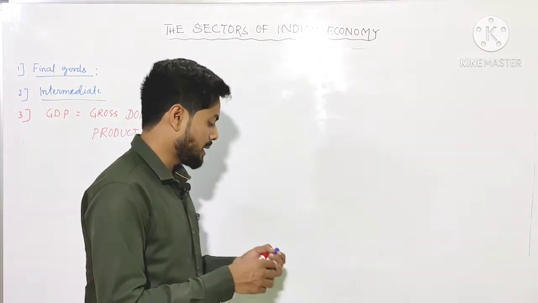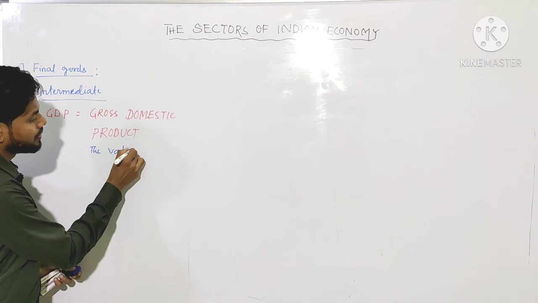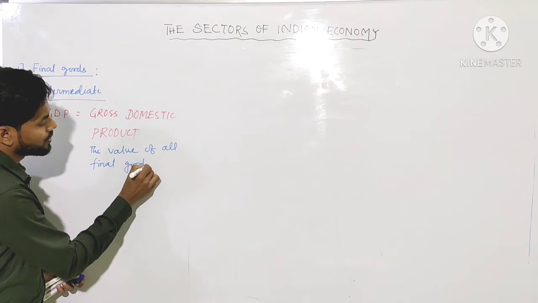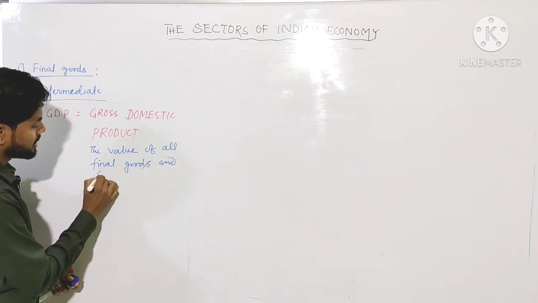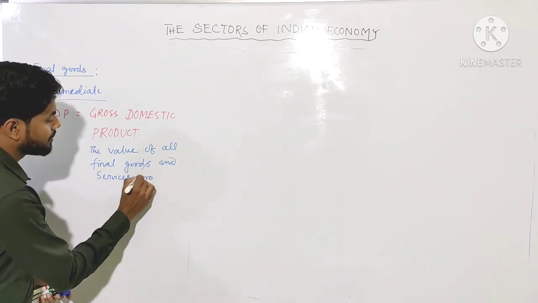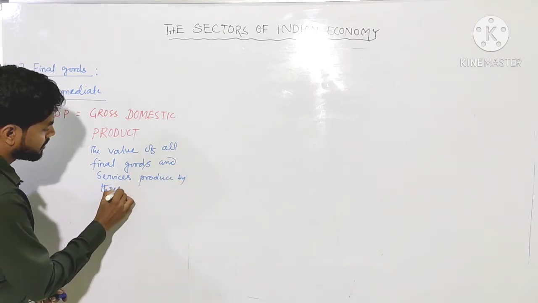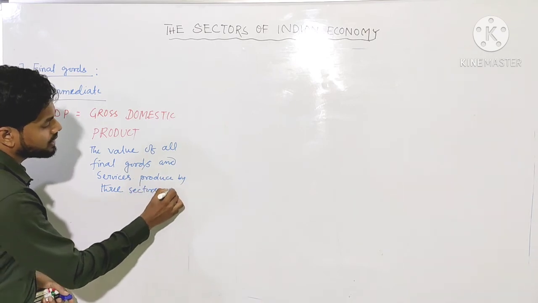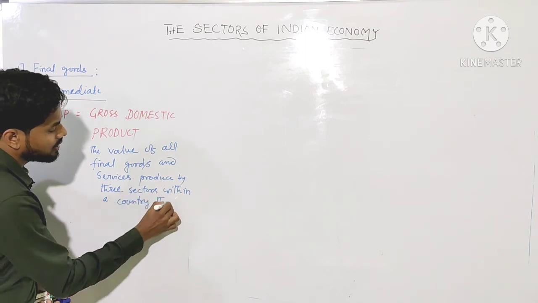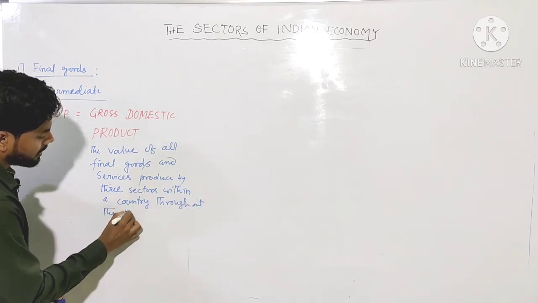So, in GDP, all of you must remember: the value of all final goods and services produced by the three sectors within a country throughout the year. Understood?